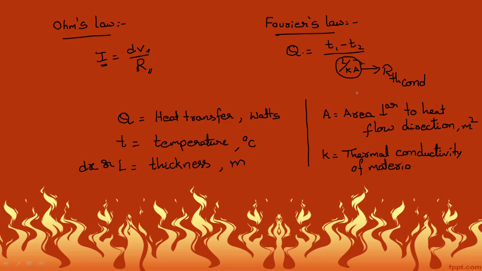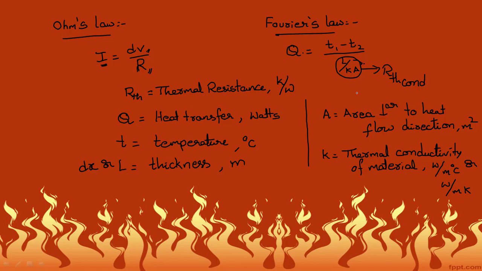We will discuss this thermal conductivity in further sections, and it has a unit of watt per meter degree centigrade or watt per meter Kelvin. The thermal resistance R_th due to conduction has a unit of Kelvin per watt.